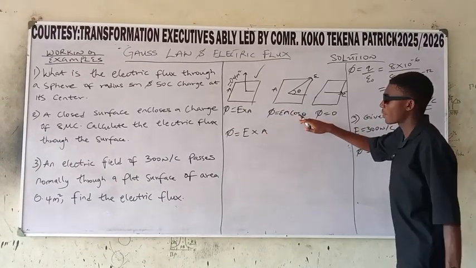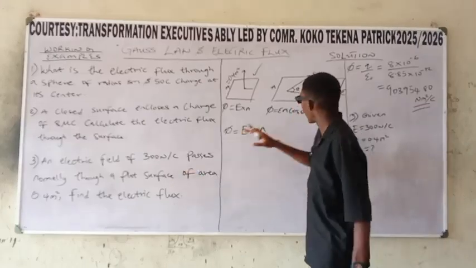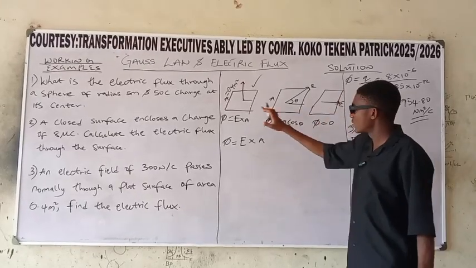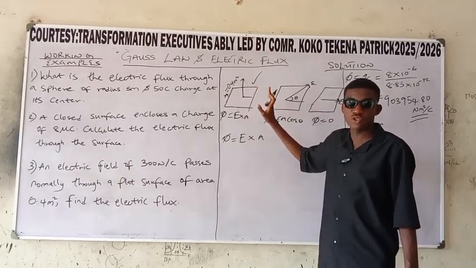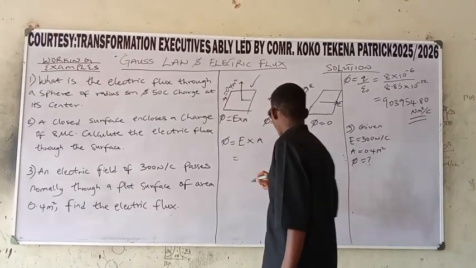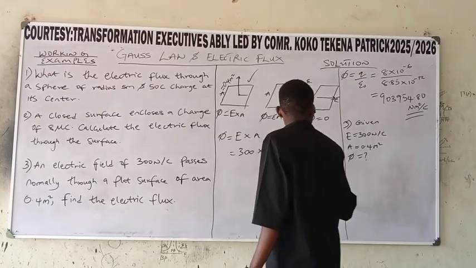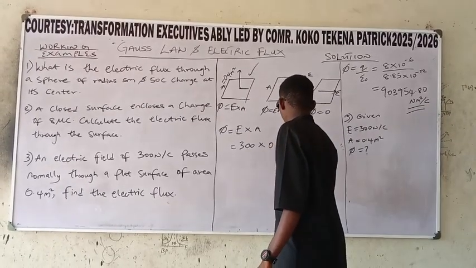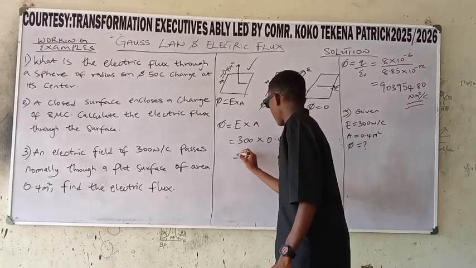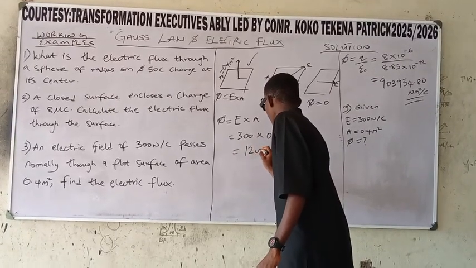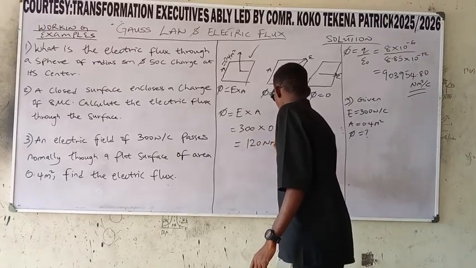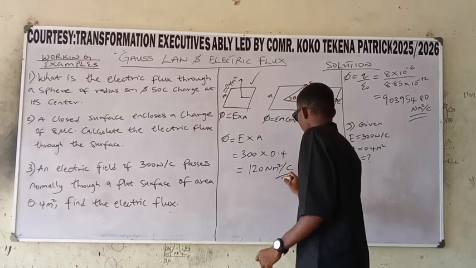The reason we don't use the others is because there was no angle and the other one is parallel. This is normally, the perfect one to use. Our E is 300 times our A, 0.4. If you punch this, you have 120 Newton meter square per coulomb.